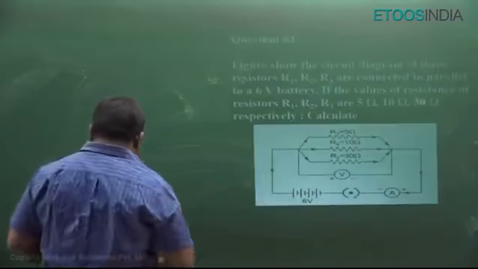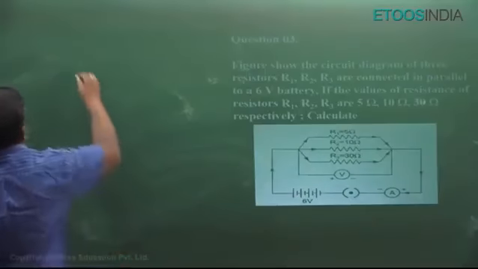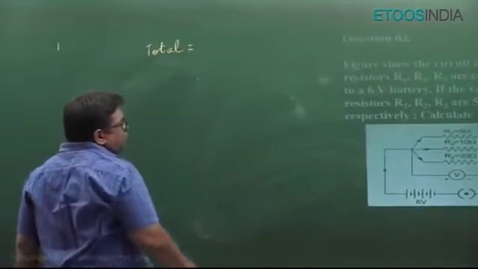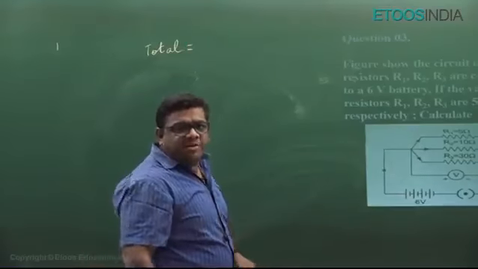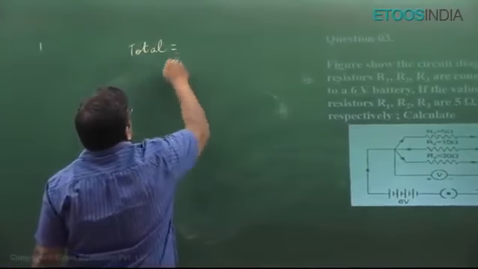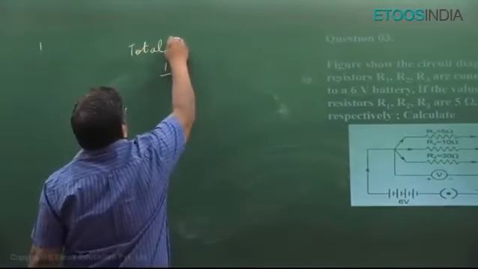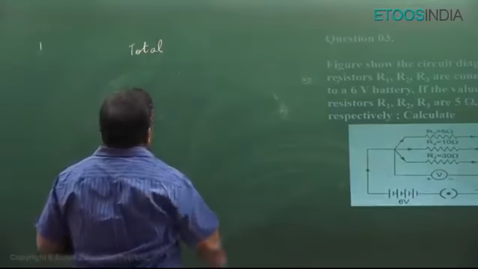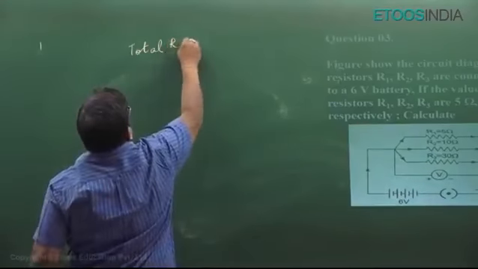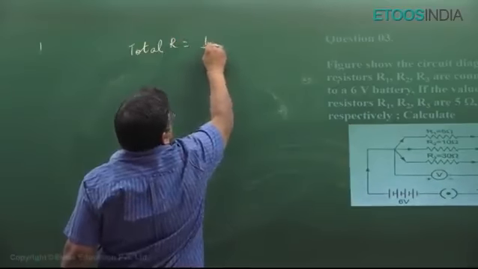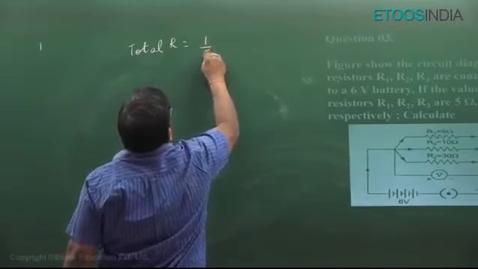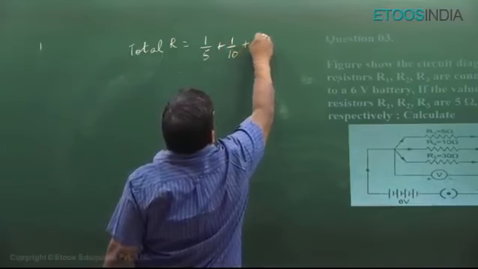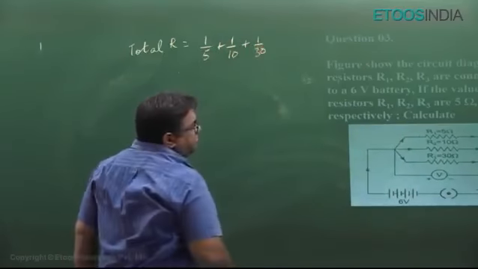So, first of all, let's find out the total resistance. We all know that these are connected in parallel. So, 1 upon R is equal to 1 upon 5 plus 1 upon 10 plus 1 upon 30.